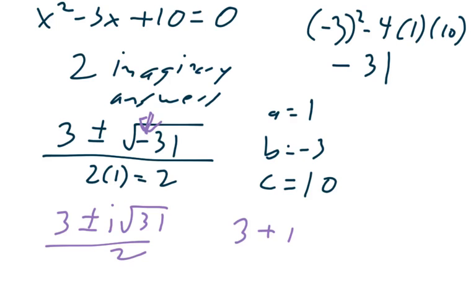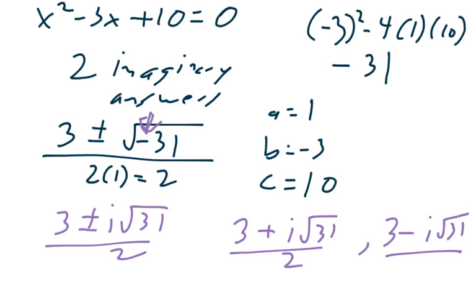So when we do this, I'm going to write out both of the answers. The only difference in these answers is the sign in front of the imaginary term, one of them is plus and one of them is minus.